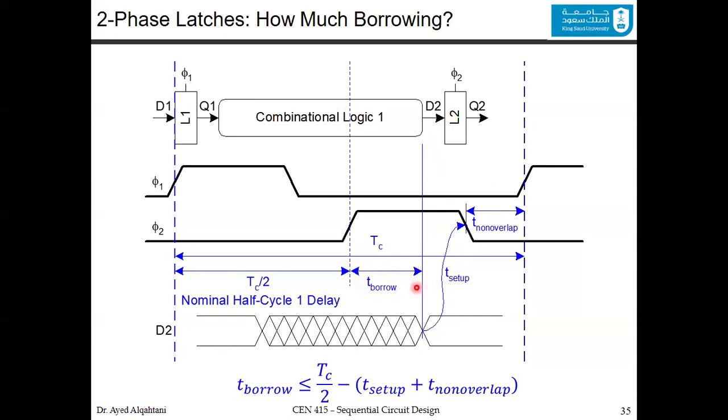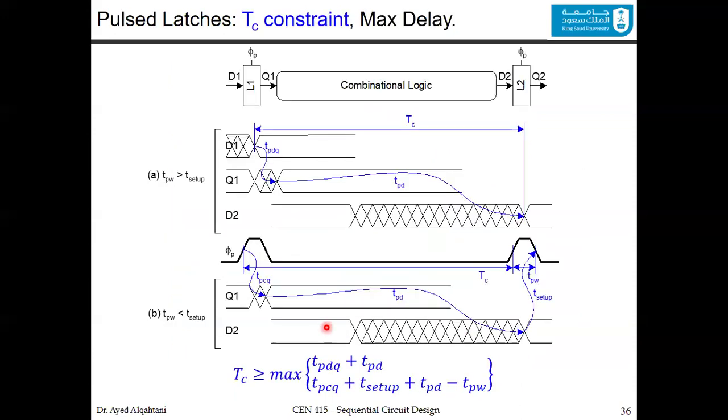And what's left is the time that you can give to the first half cycle. This is the borrow time. So as you can see, this is the equation of the borrow. Now, we will leave adding the skew until after we discuss the pulse latches.